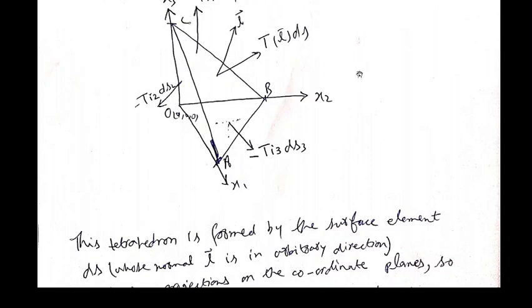These are the 3 orthogonal faces on coordinate planes, and one, ABC, is the oblique face. Basically, this tetrahedron is formed by the surface element dS, and this oblique face.